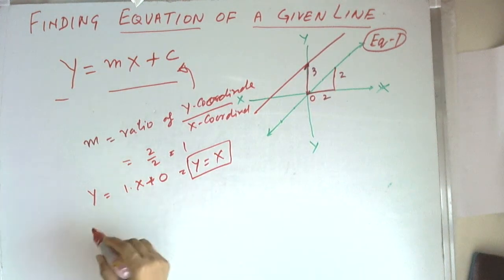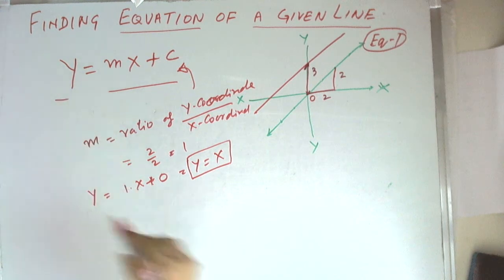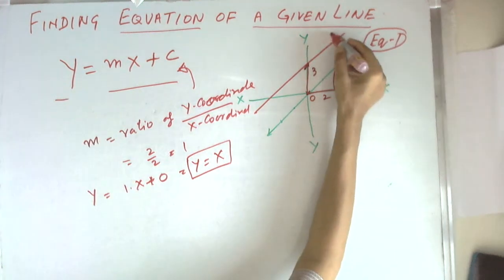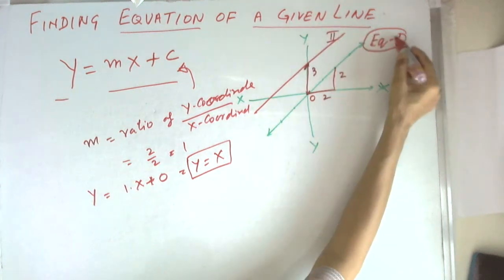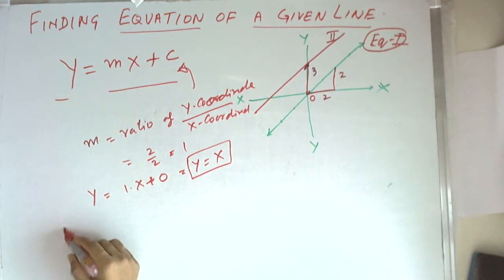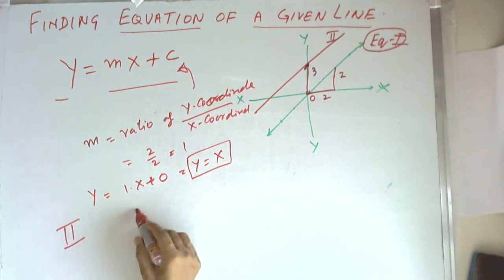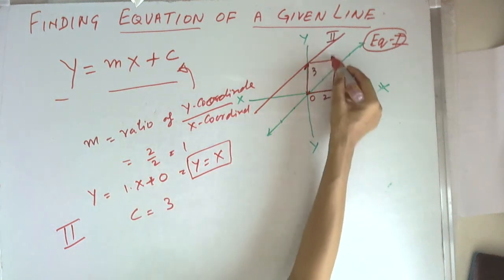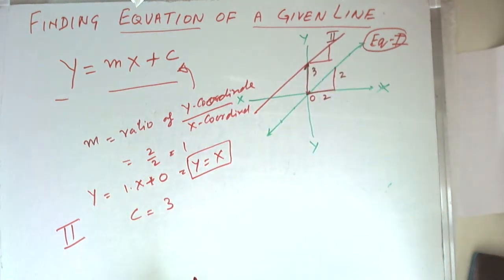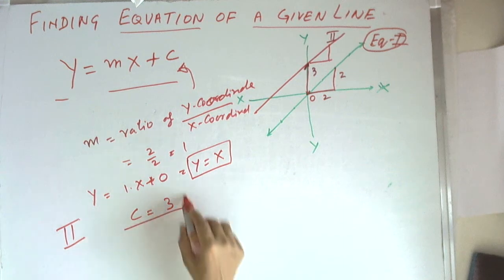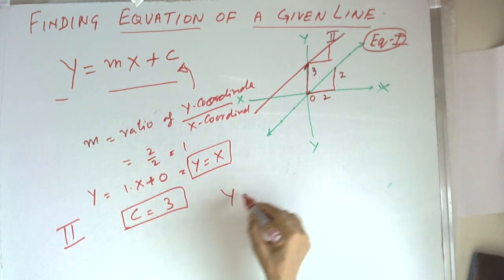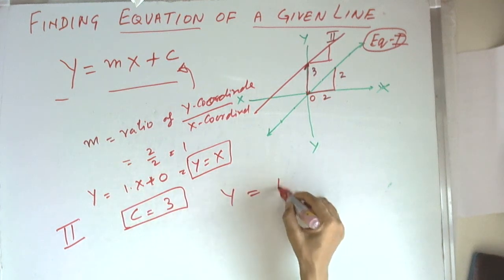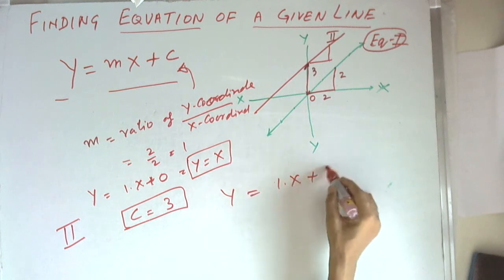So this is equation number 2. This was number 1. So for equation number 2, c is equal to 3, and m will be still the same. So c is 3, and therefore the equation will become y equal to 1 into x plus 3.